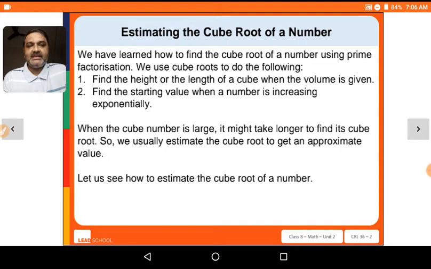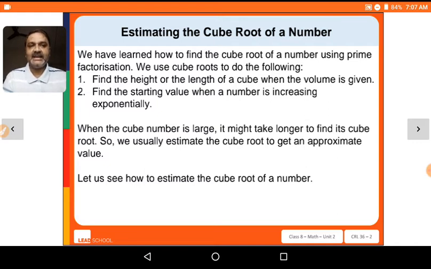First, to find the height or length of a cube when the volume is given. Second, to find the starting value when a number is increasing exponentially. When the cube number is large, it might take longer to find the cube root.